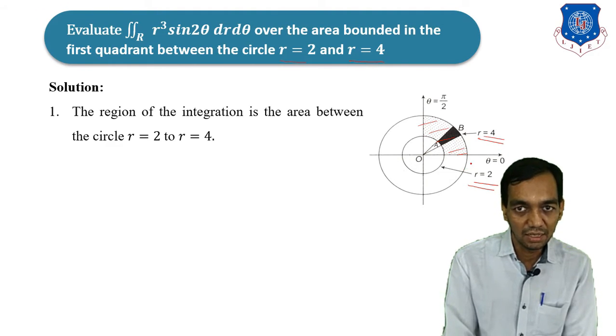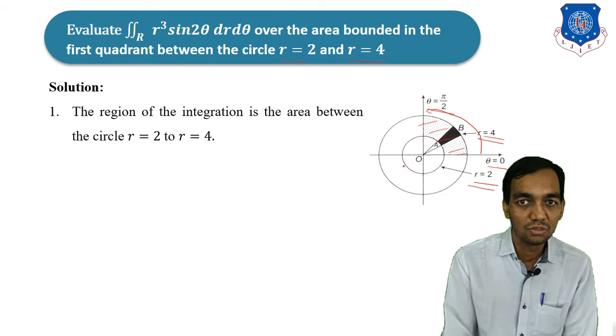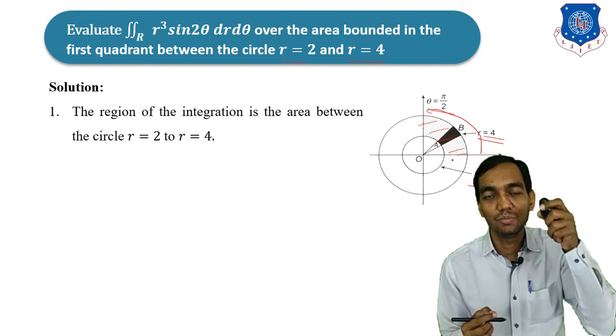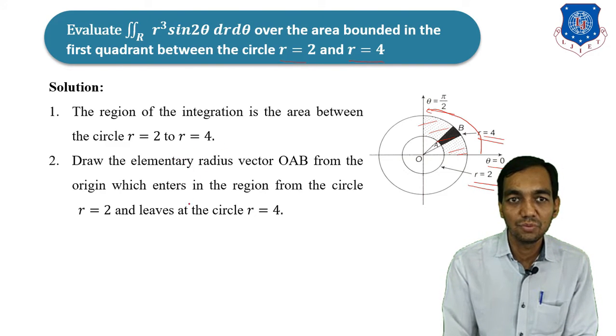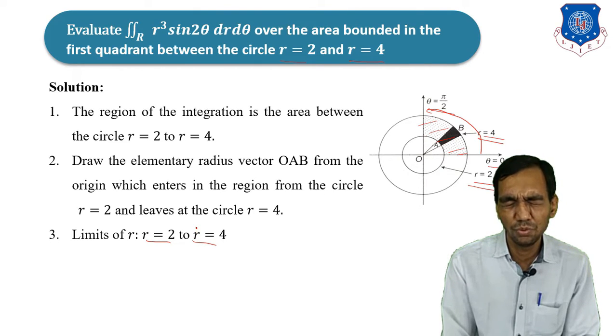And for theta, theta starts from 0 and ends at pi by 2, because it is moving from this point to this point. So this radius vector starts at 0 and moves from 0 to pi by 2. So theta has a limit from 0 to pi by 2, and r has a limit from 2 to 4.